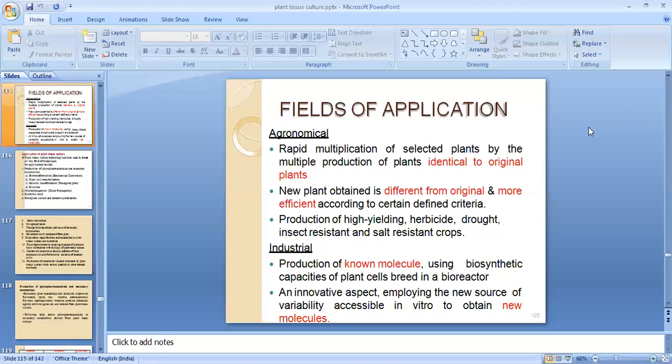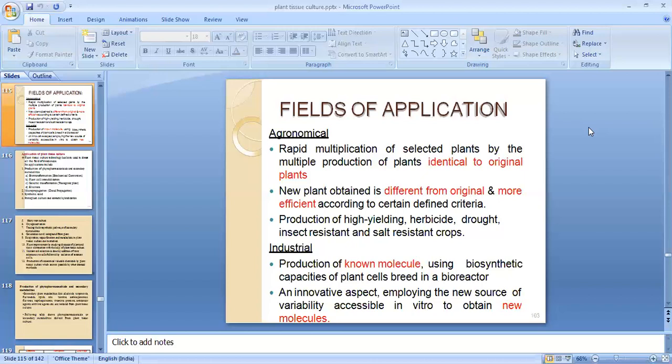And when you see the industrial applications, mainly it depends on the production of secondary metabolites by using the biosynthetic capacities of plant cells, which are allowed to grow in a bioreactor. That is nothing but the fermenter, otherwise the situation where you are providing the artificial environmental condition in the nutrient medium.